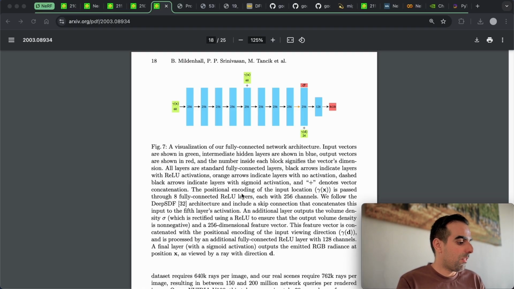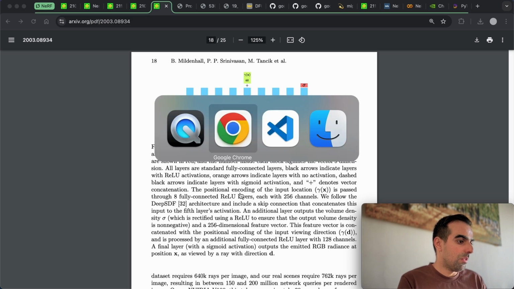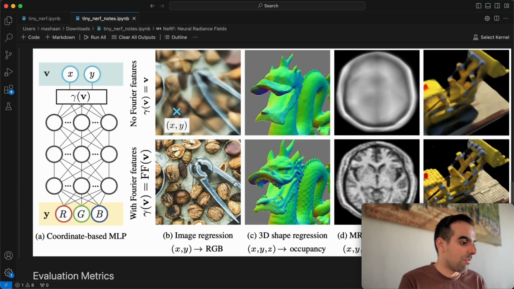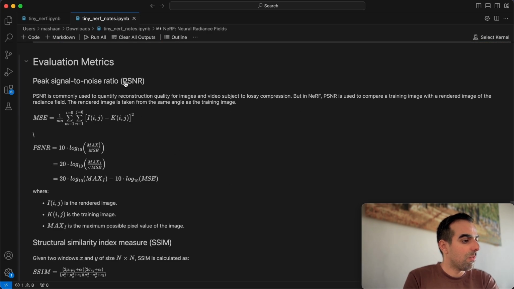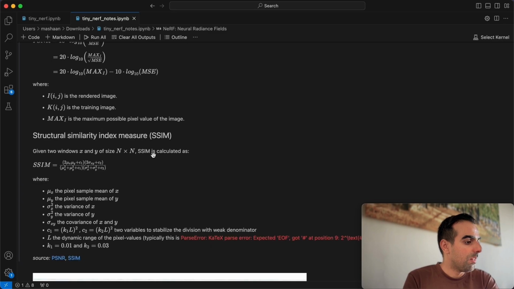So you need an evaluation metric. And if you read some research papers in this field, you will notice that they usually use 2 metrics: one called PSNR, peak signal to noise ratio, and SSIM, the structural similarity index measure.